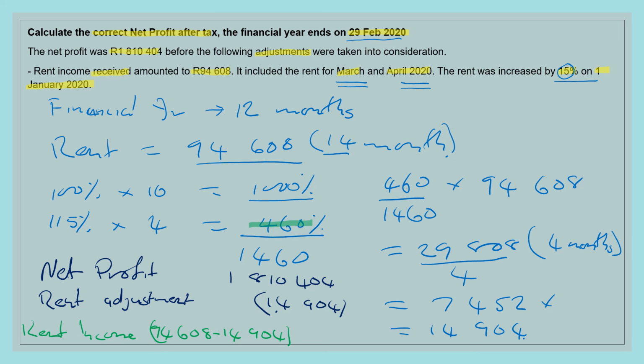That will go under other operating incomes. So that's how you're going to do it if it's a full question. But this one, you just needed to adjust the net profit, so you will use this format here, because the net profit was calculated already. So that's how you do adjustment for rent. This is the simplified version. If you are good enough in math, you can do the equation, right? But this is the simplified version, to get the same number of marks.